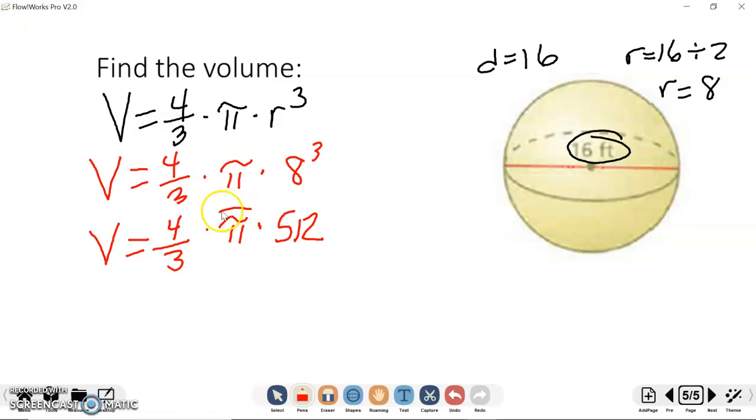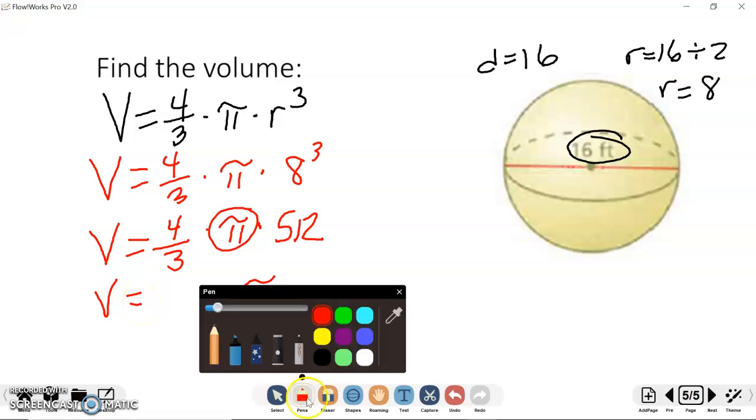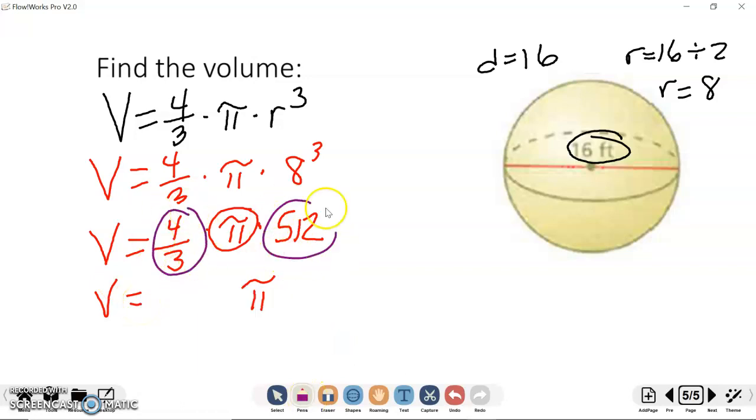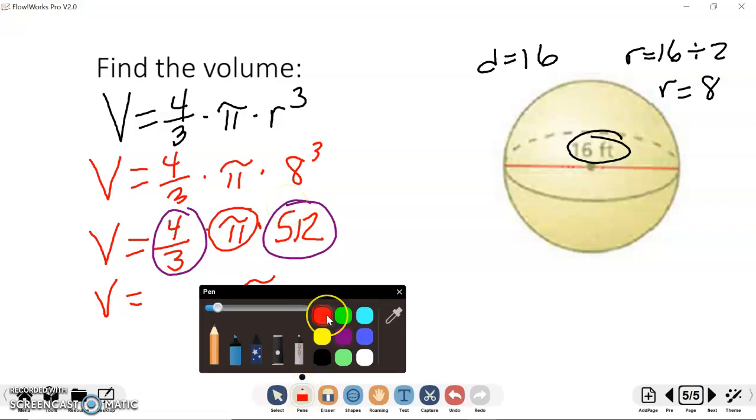So if I want to do this in terms of pi, remember I pull that pi out to the side. And I'm going to multiply that 4/3 times that 512.